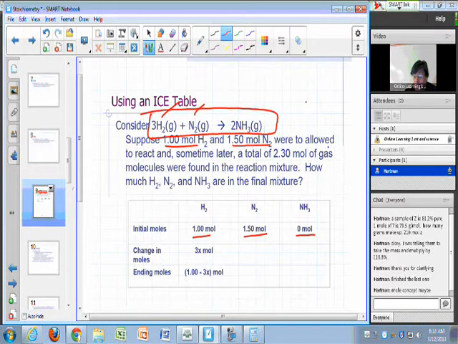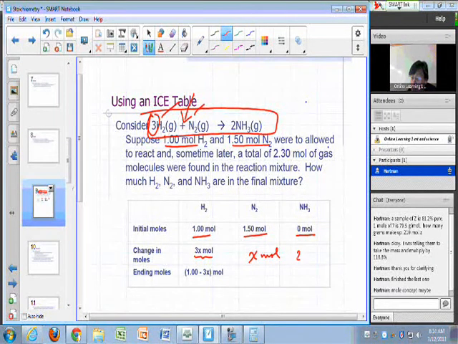All right. Now, if we say that we have x moles of reaction, then the changes will be related by their coefficients. So we're going to lose 3x moles of H2 since the coefficient of H2 is 3. We are going to lose x moles of N2 because the coefficient of N2 is 1.